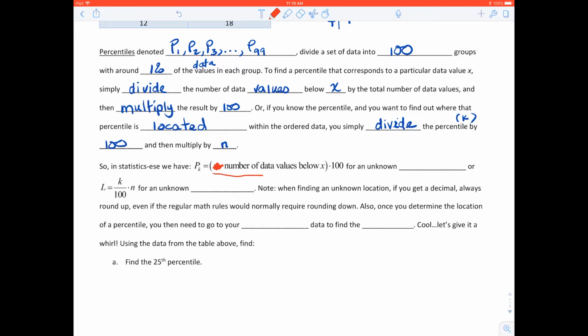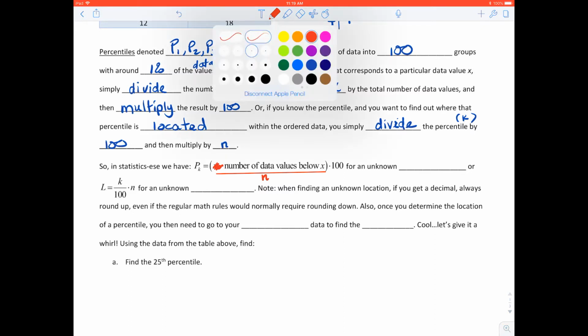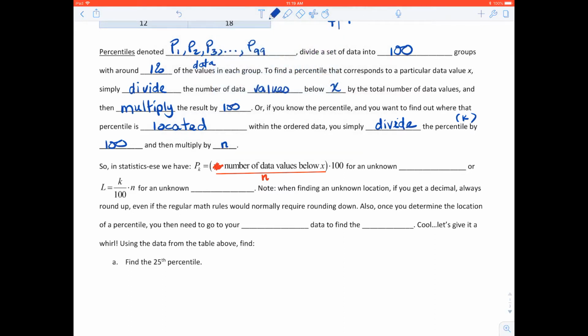We needed this to be divided by N, and that would give us the unknown percentile. Alrighty. Or the location L is equal to K, which is the subscript of the P there, divided by 100 times N for an unknown location.